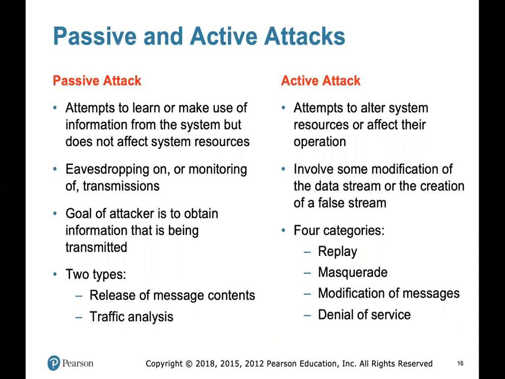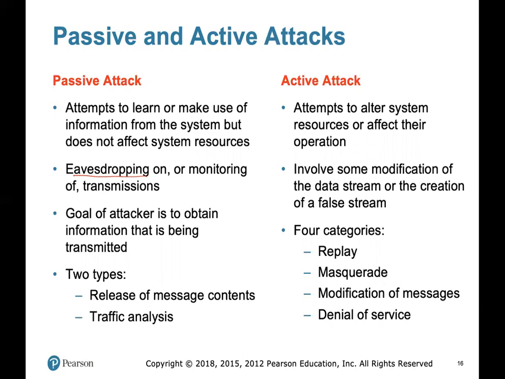Here are more explanations about active and passive. Passive attacks attempt to learn or make use of information from the system, but do not affect the system resources, like eavesdropping. Eavesdropping is listening to or monitoring information being transmitted on, for example, a wireless channel or a wired channel.